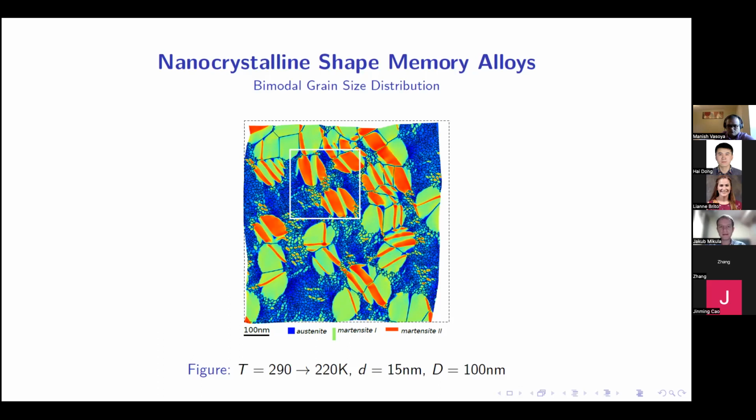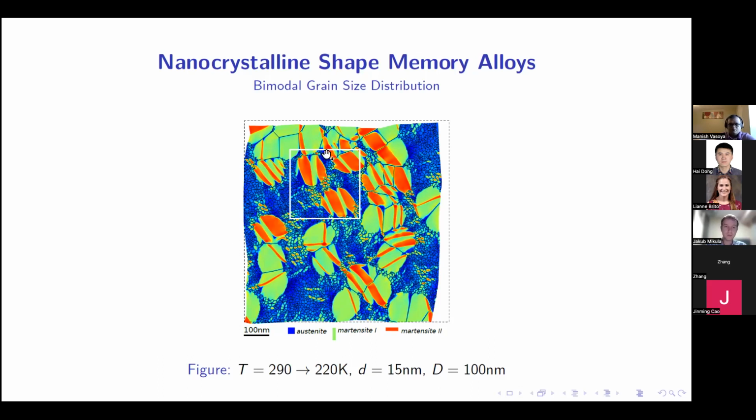So we see again that the martensite is formed within the large grains and mostly suppressed in some of the smaller grains, but some of the small grains still do transform into the martensite. And this can be explained basically from the stress field and stress concentrations that generate near the grain boundaries and near the triple junctions.